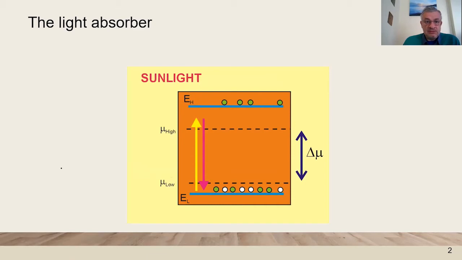Now, when you shine additional light to the semiconductor, then there is going to be an enhanced rate of generation of carriers. So that here, for example, we generate a lot of electrons, and consequently, there is a separation of Fermi levels or the internal chemical potential of the carriers.